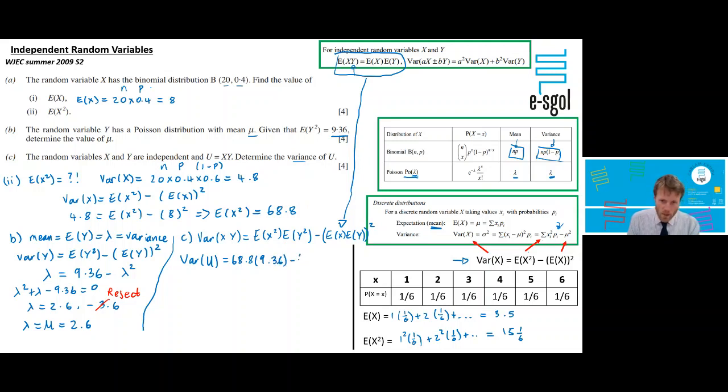Take away, and then we've got 8, which is E of x times E of y, which I've just worked out as 2.6, all squared. So if you put this into a calculator, you get 643.968 take away 20.8 squared, and that equals 211.328.